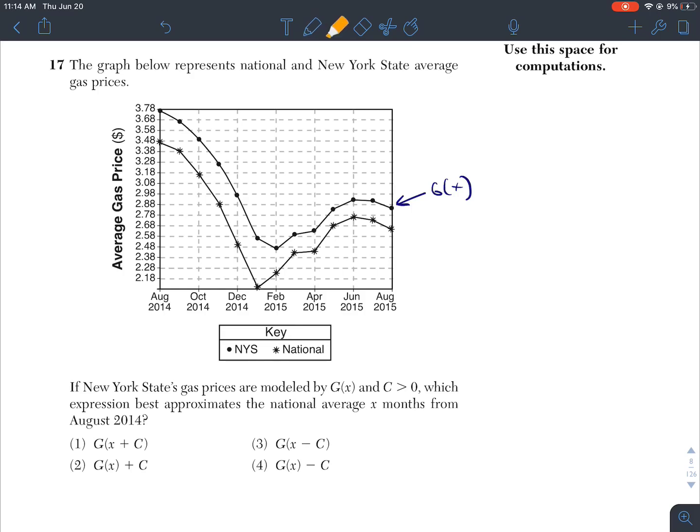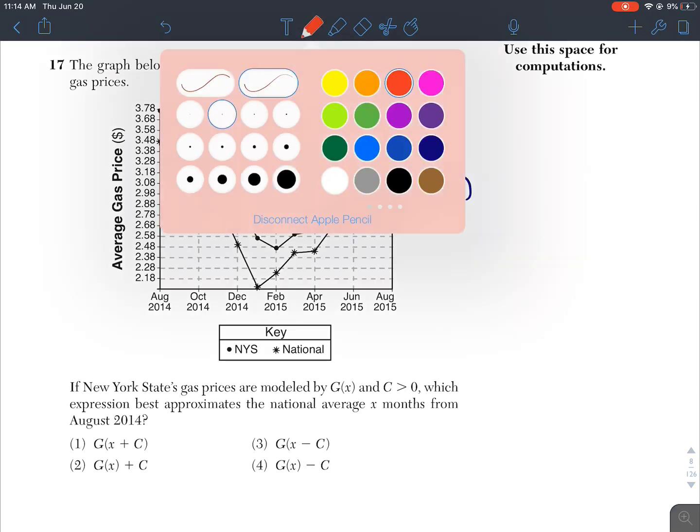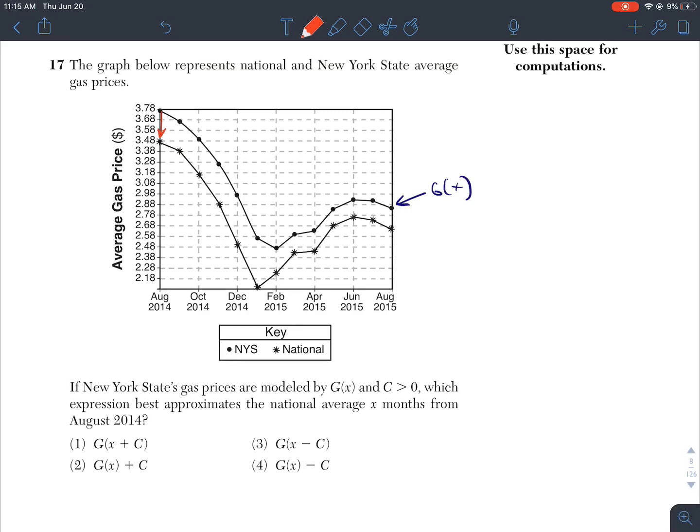It looks like there is a translation between these two graphs of down about 0.3 units. So it looks like what we'd have to do is g of x, and then an outside transformation where we subtract some number, around 0.3, to shift the graph downwards. And it's not quite 100% accurate. I don't really know why they asked this question this way.